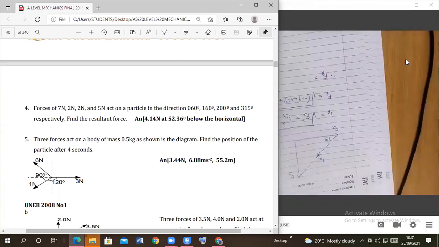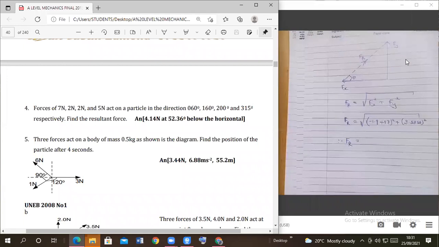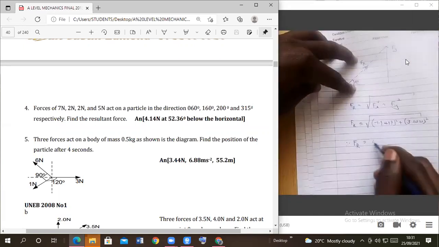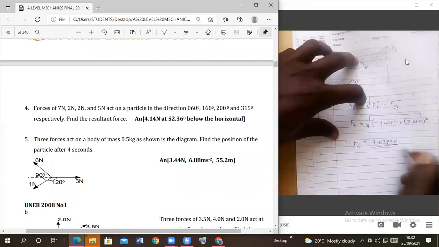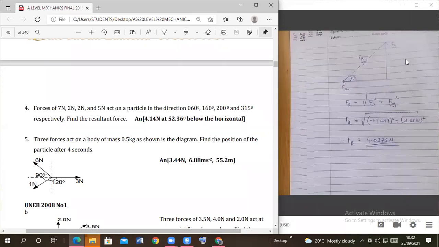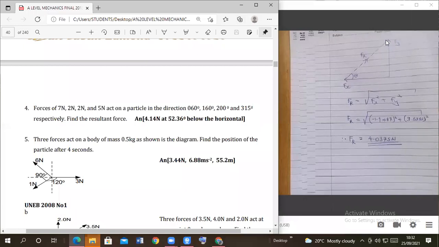What have you got, members? 4.0375 Newton. That is the resultant.